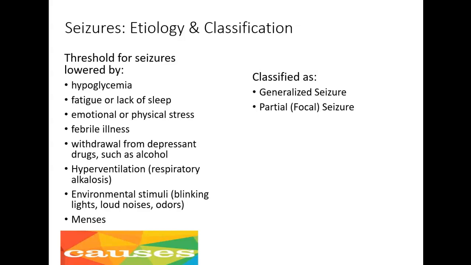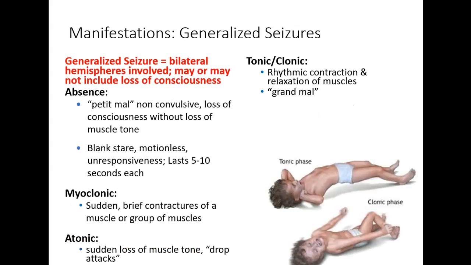Again, don't worry about the classifications of seizures. I'm just going to talk about absence seizures versus tonic-clonic. Don't get into all of these terms, like myoclonic. We can talk a little bit about atonic because they're really interesting. But in general, an absence seizure is like a stare.